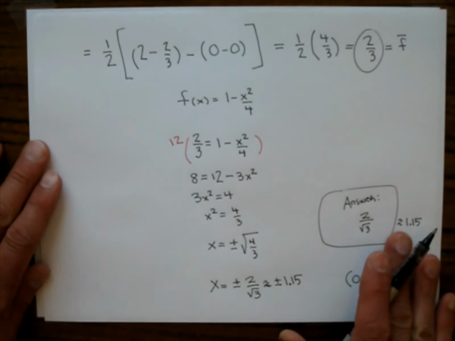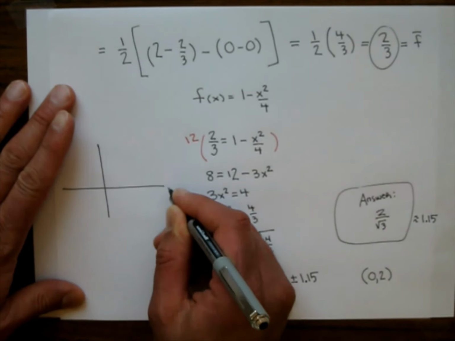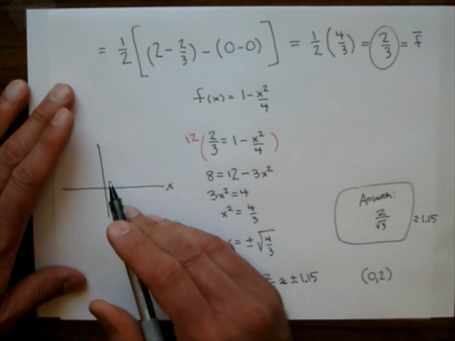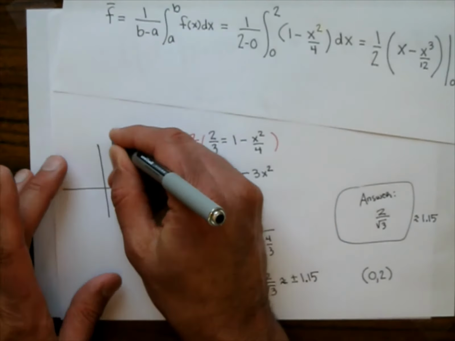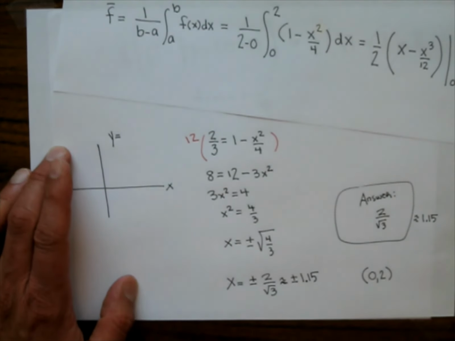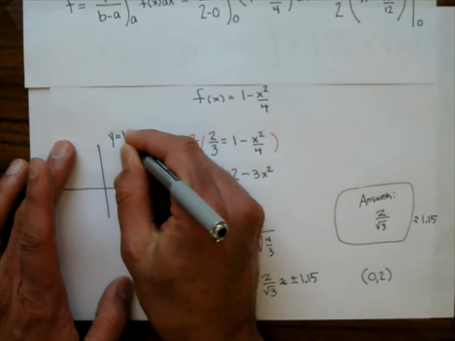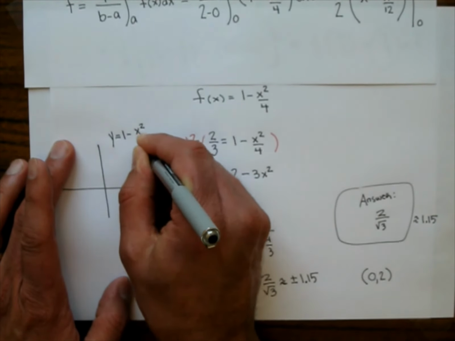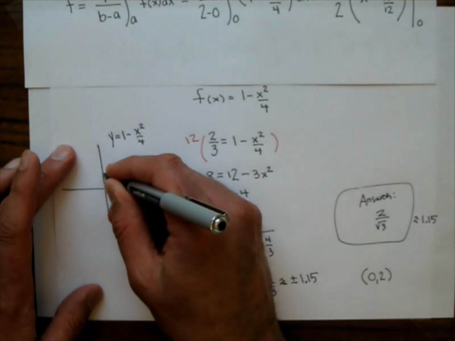Now, we could draw this graph again here. We haven't drawn a graph yet, but the graph is, okay, so I'll do this right this time. Make sure the camera's still running. Y equals, what is it? 1 minus x squared over 4, which is an upside down parabola, a little wider and shifted up one, so it looks like this.